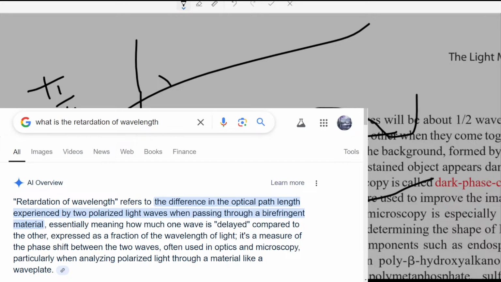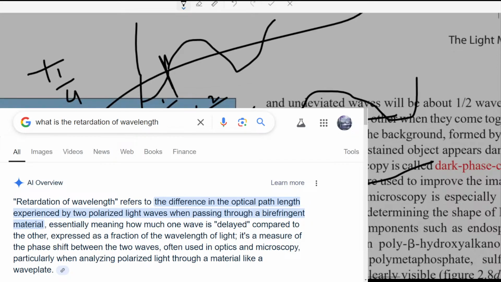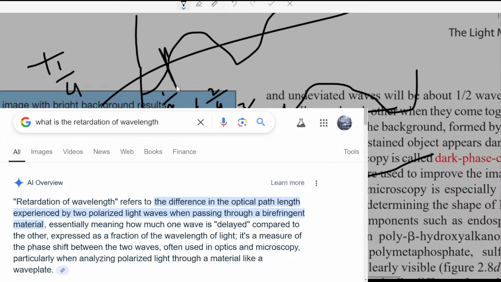That means that by the time a normal wavelength will be passing through 0, this plus 1 by 4 wavelength will be passing through this point, and it is already advanced by 1 by 4 part.